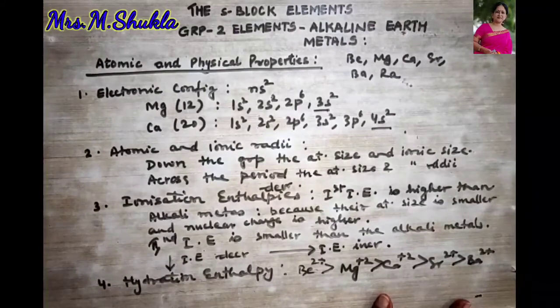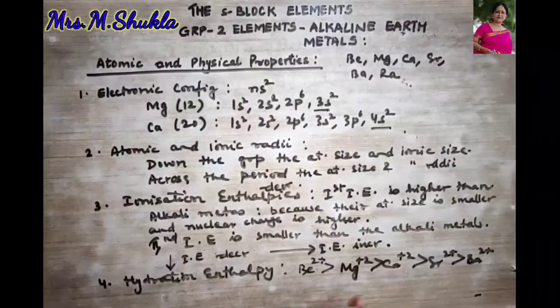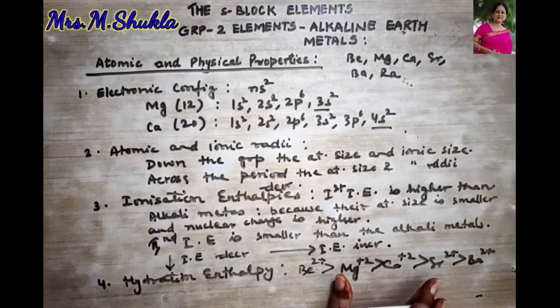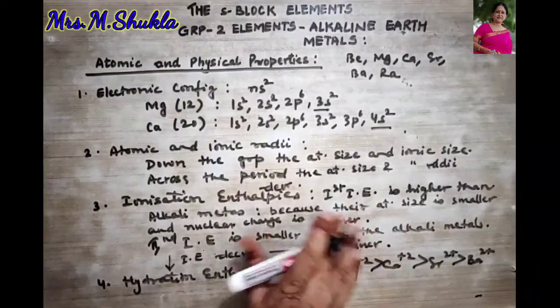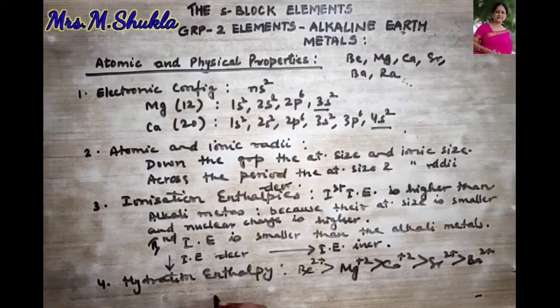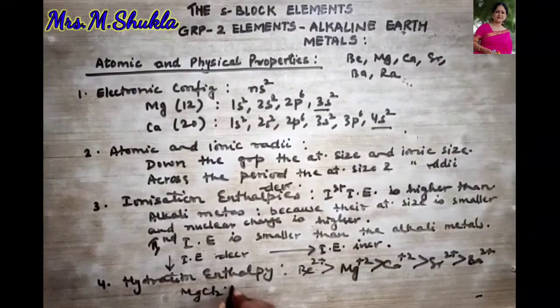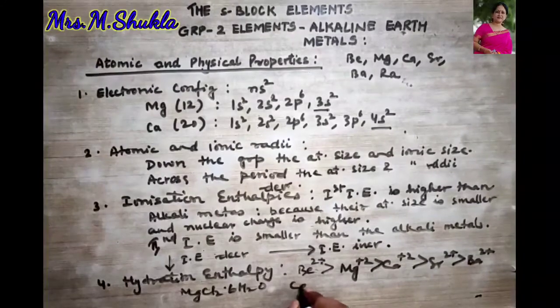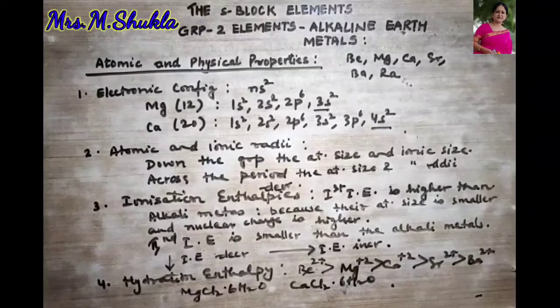But due to smaller size than that of the corresponding alkali metal cations, the group 2 cations are more extensively hydrated, and therefore we find compounds like MgCl2.6H2O or even CaCl2.6H2O and so on.